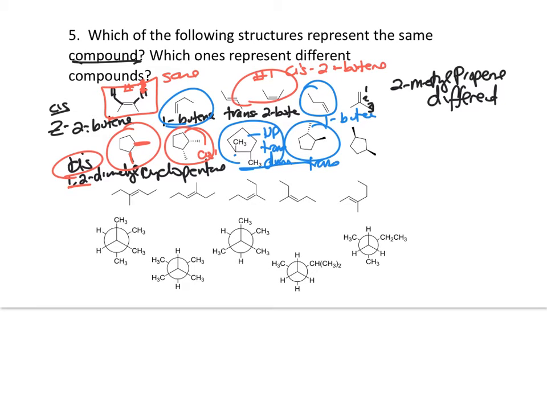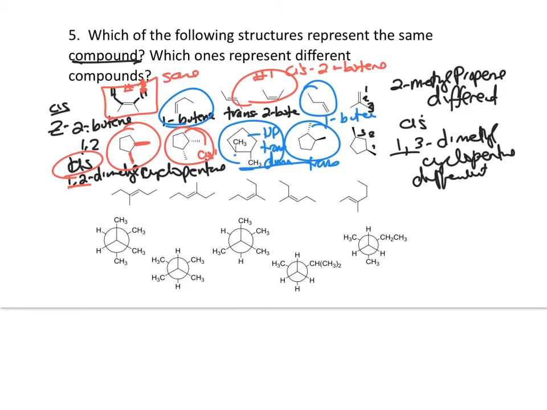And if you look at this one, this is 1, 2, 3, so this is a 1,3-dimethylcyclopentane, and we would call that cis, and that would be different because it would be a constitutional isomer, because all of these other ones are 1,2 and this is a 1,3.